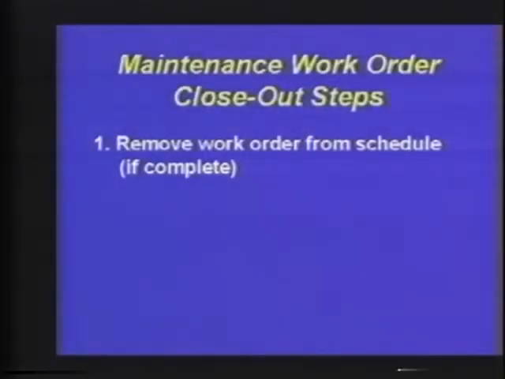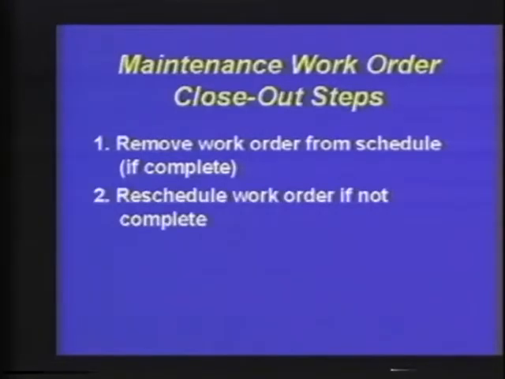We could put it into an aperture card or whatever type of retrieval you want to utilize. The first step is to remove the work order from scheduled to complete if it is complete. If it's not complete, we would have to reschedule the order, as I've indicated before.